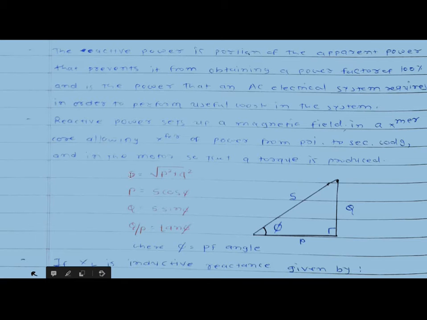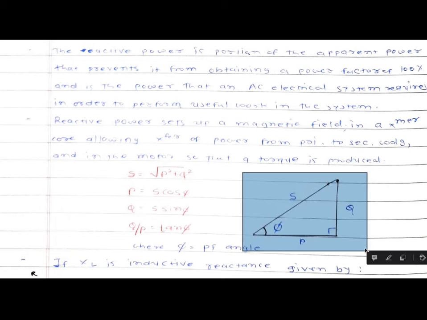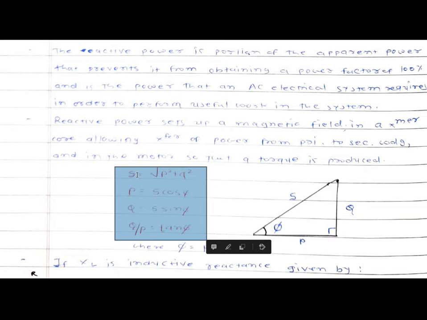So S is given by under root P square plus Q square. This is the power triangle. This is active power, this is reactive power, this is apparent power, and this is the power factor angle phi. From this figure we can derive these four equations: S is equal to under root P square plus Q square, where P is active power, Q is reactive power.